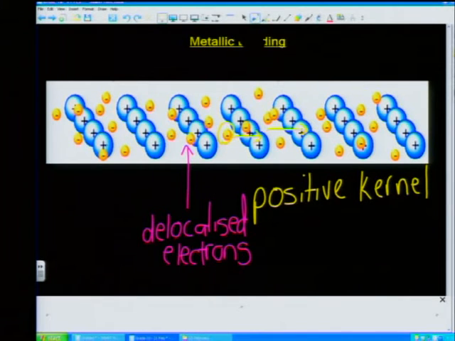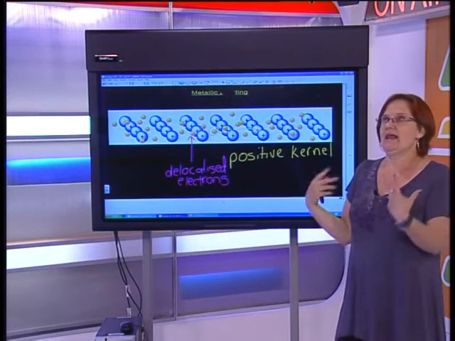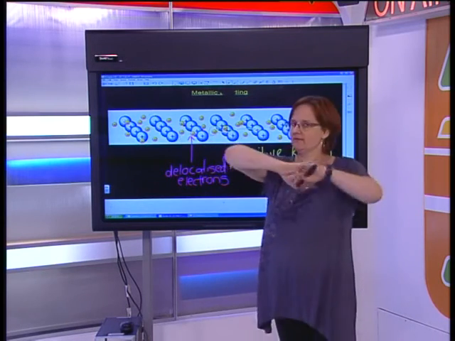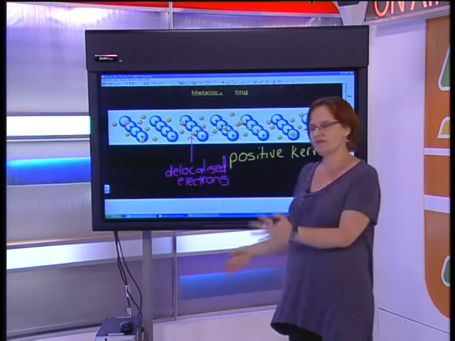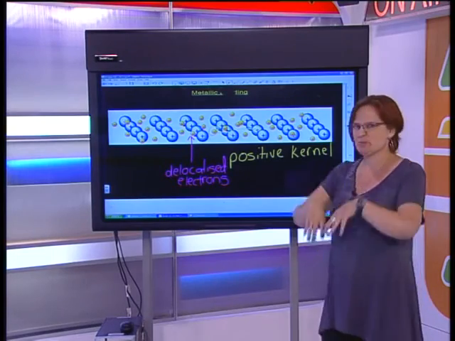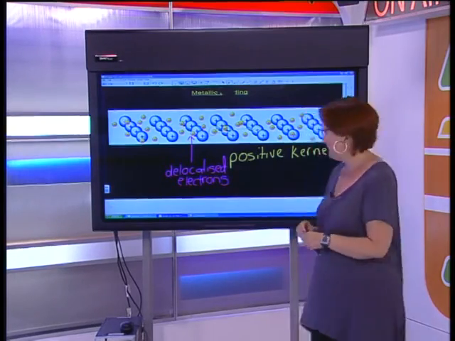They do not have a home. They can go anywhere. When we make an alloy or a mixture of metals, the positive kernels stay, and electrons can move through. So it's not sharing, and it's not transfer. It's sort of like a smushing of the electrons together.